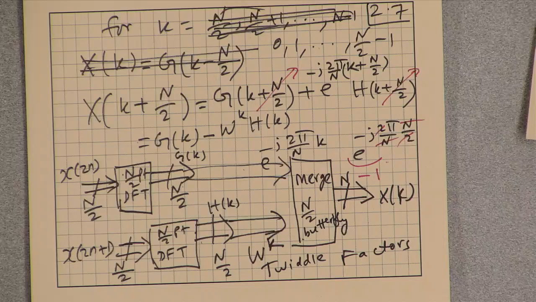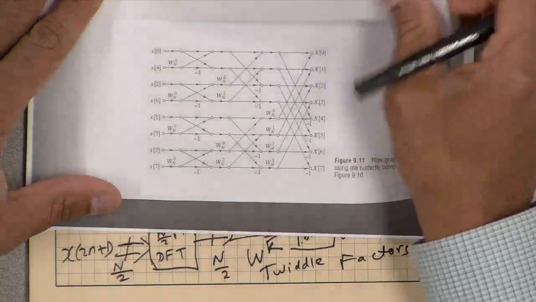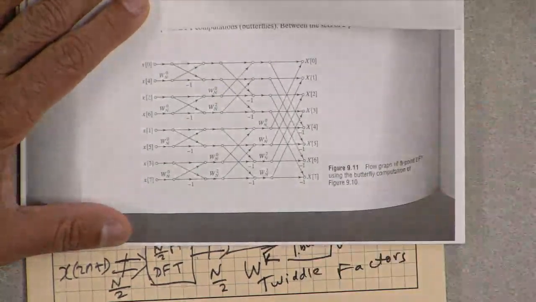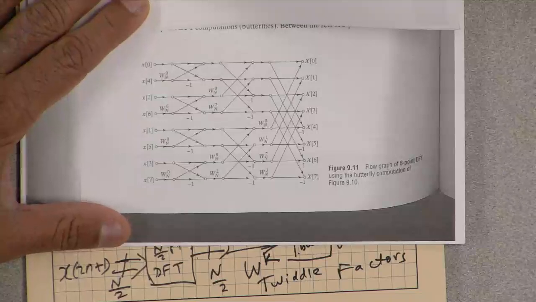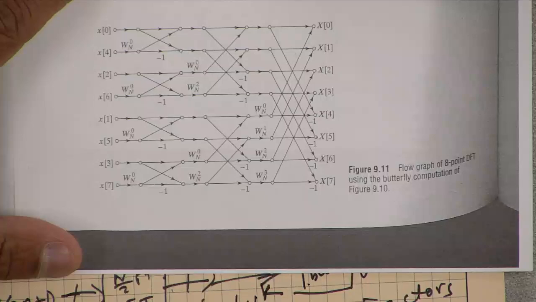I have some diagrams printed out from the Oppenheim Schafer textbook, the one we use for the DSP class. That is the decimation in time block diagram of 8-point DFT.